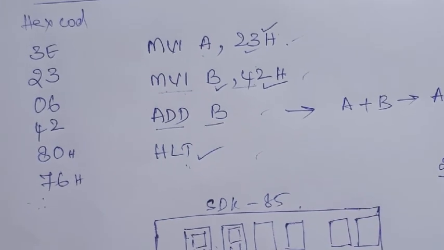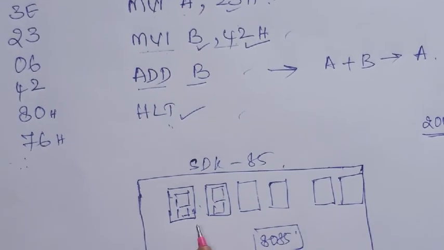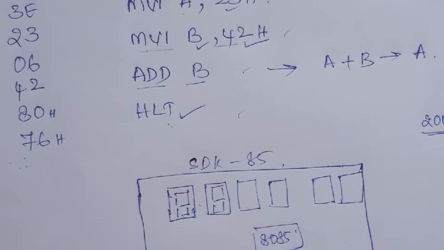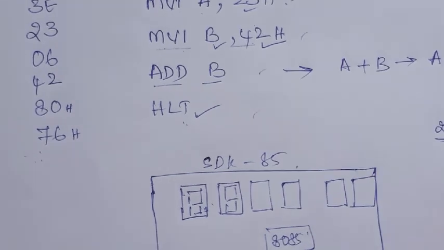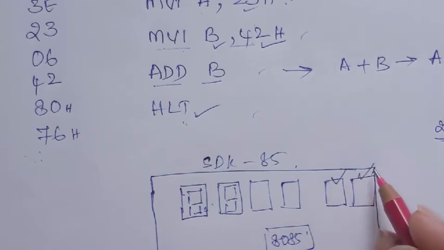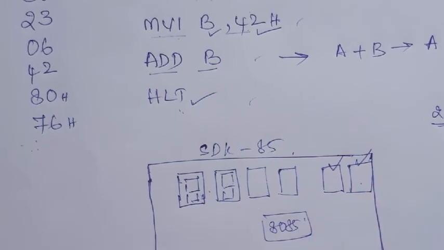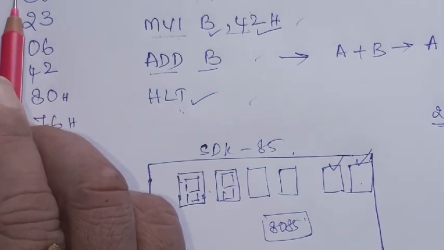So for entering the program, you'll press a key so that you will be able to enter the address digits here. You will enter this address 2000H. When you enter this address, it will ask what you need in this location. So you will enter the code.